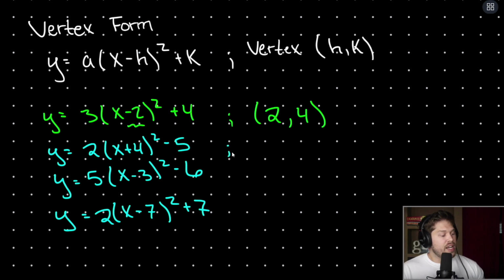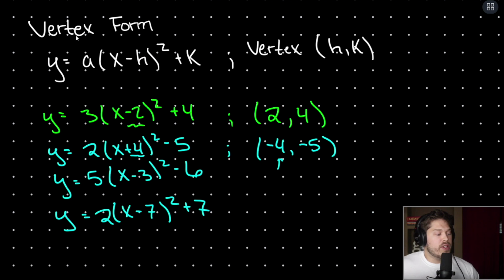Okay, so for this first equation, the vertex is going to be (negative 4, negative 5), as your h value here is a positive 4. Or rather, your h value is a negative 4, okay? And you know that because this 4 here is positive, and you're always going to flip the sign for this one here.